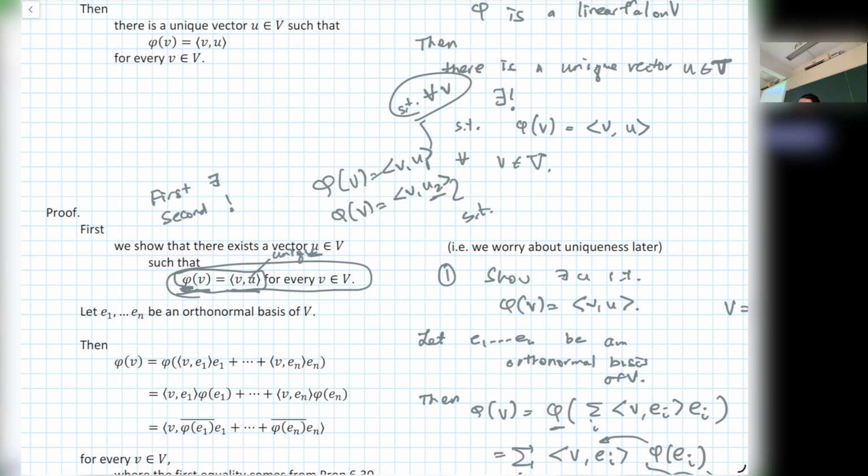If you take the inner product of any vector v with u2, you will get the same answer as if you applied the map phi on v. Now the point is, if these things are true, we just showed that it would imply that for all v, u1 minus u2 has to be 0.